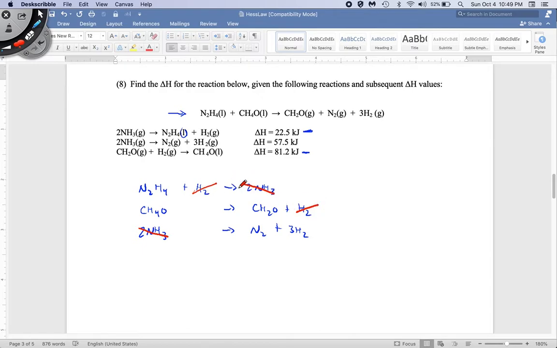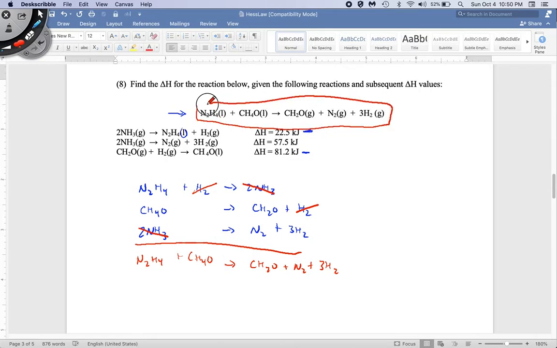So that H2 also did nothing during the reaction. And if I add up everything that's left, I have an N2H4 and a CH4O that becomes a CH2O and N2 and 3 H2s, which is exactly what I need up here.